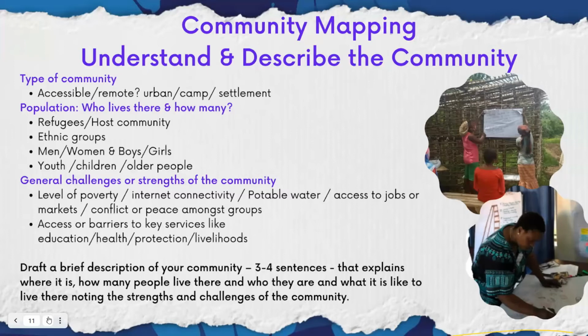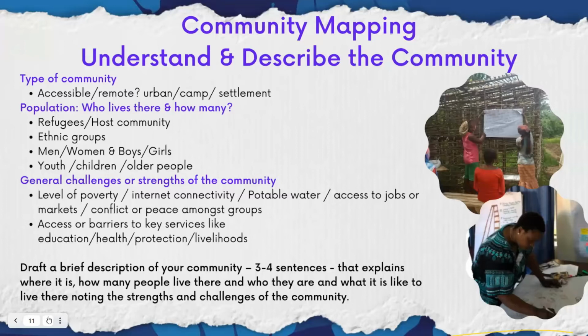There are those in the suburbs, in the remote parts of the urban centers, where there is too much congestion and no clear structures. They also have issues with connectivity. Is there potable water? How accessible are jobs or the market? How about schools? Is it easy to access a good health center? Are they located close to your community? These are things you also need to put out in your community mapping.